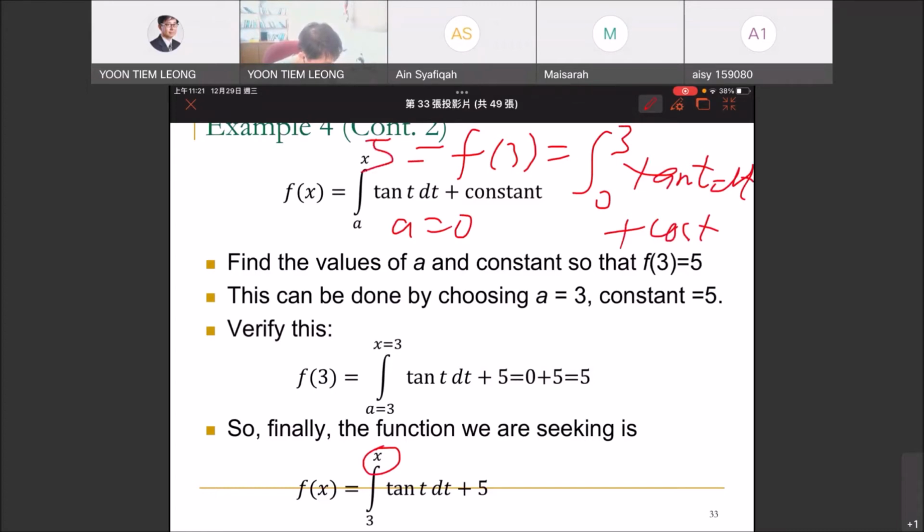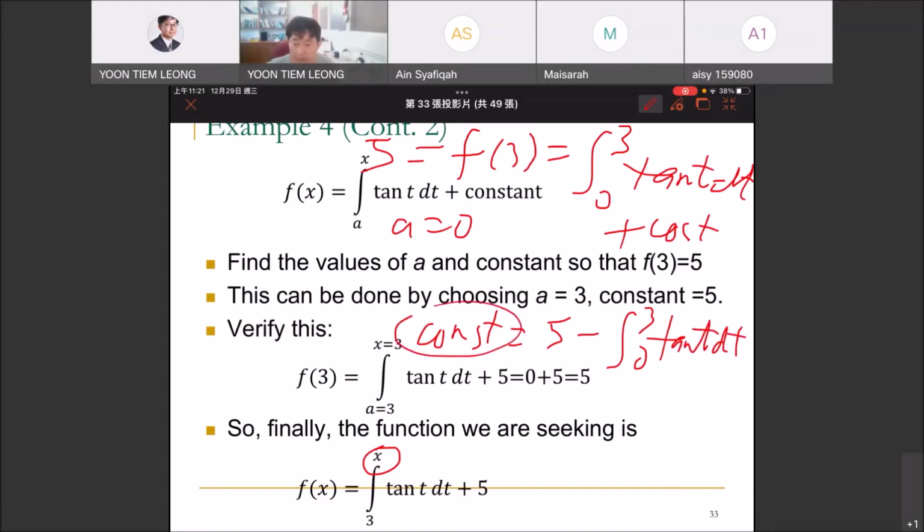So I have this condition that my constant is just equal to 5 minus the integral from 0 to a of tangent t dt. So what is my constant? The constant is a number which is 5 minus this thing. So this is a definite integral which I have to evaluate, integrating tangent t from 0 to 3.